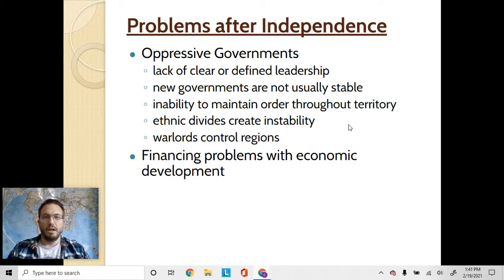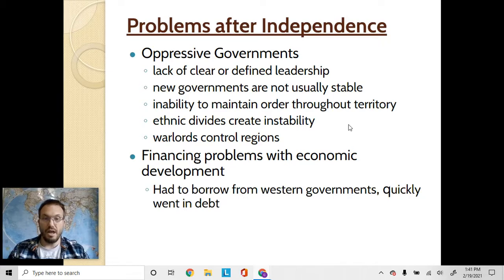Okay. There's also major economic problems after independence, especially when we're talking about independence today. People who have been historically held back from industrializing are not going to have the money to fit into an industrial economy, which is the global economy.